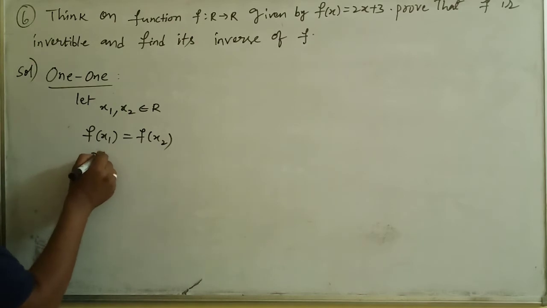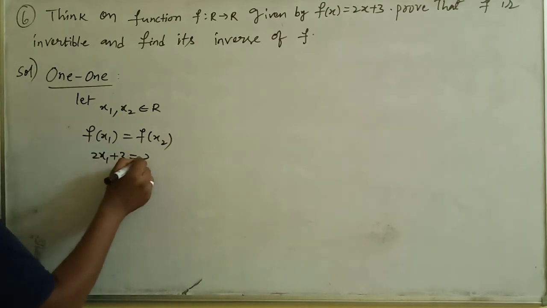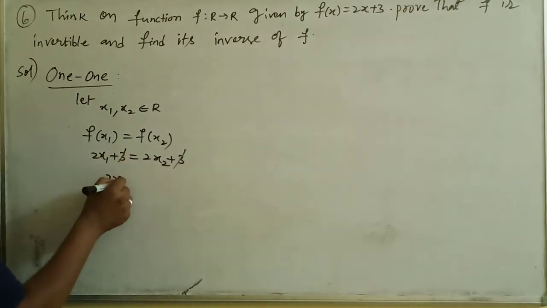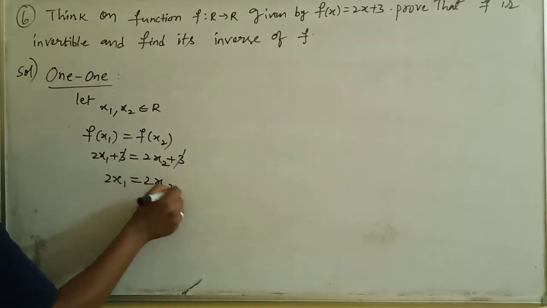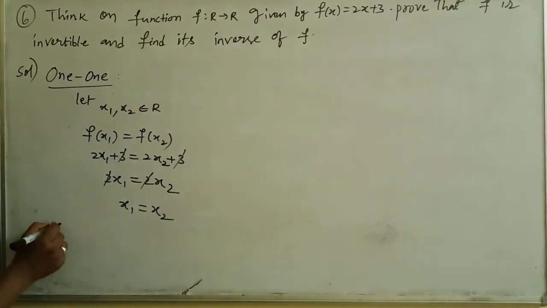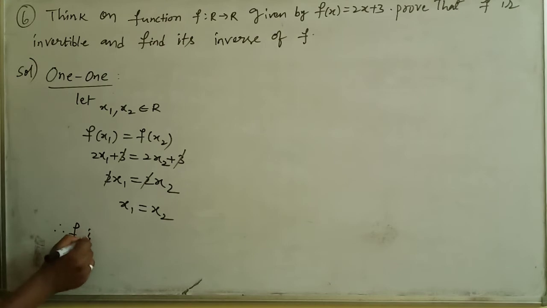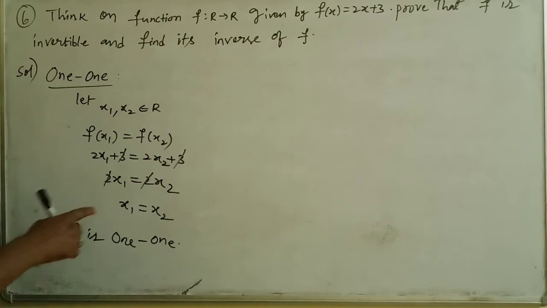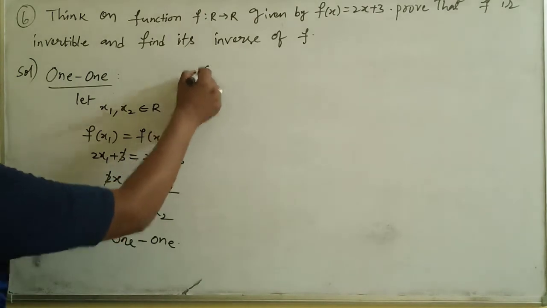So 2x1 plus 3 equals 2x2 plus 3. 3 gets cancelled. 2x1 is equal to 2x2. 2 gets cancelled. x1 is equal to x2. Therefore, f is 1 to 1. When x1 is equal to x2, if you have proved, that is 1 to 1. Then let's move on to the onto.